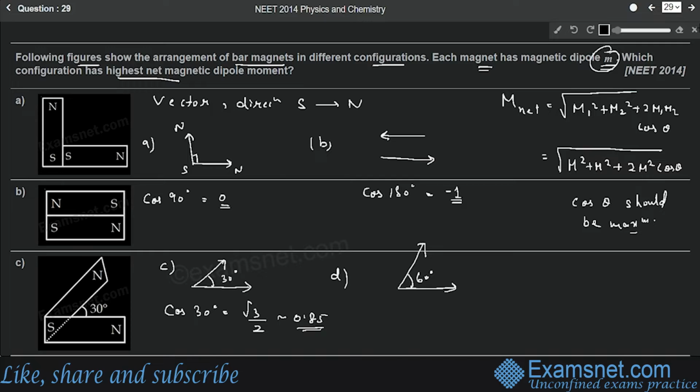And in the last one, cos 60 degree is half, so we can write it as 0.5. Now, in which case is cos theta maximum? In the third one, 0.85. In the second one, this is minus 1, so this is minimum. And maximum in the third option, 0.85. So the third option, option C, will be the correct answer. This configuration will have the highest net magnetic dipole moment.